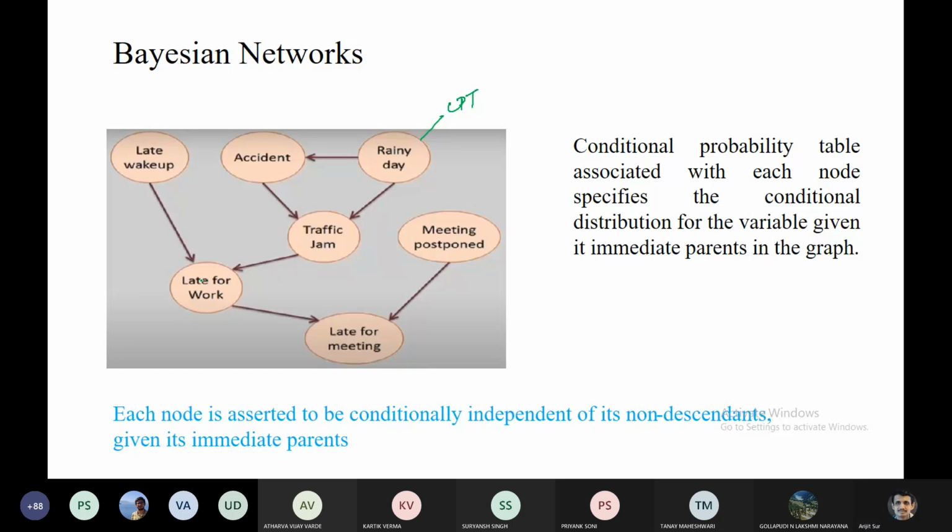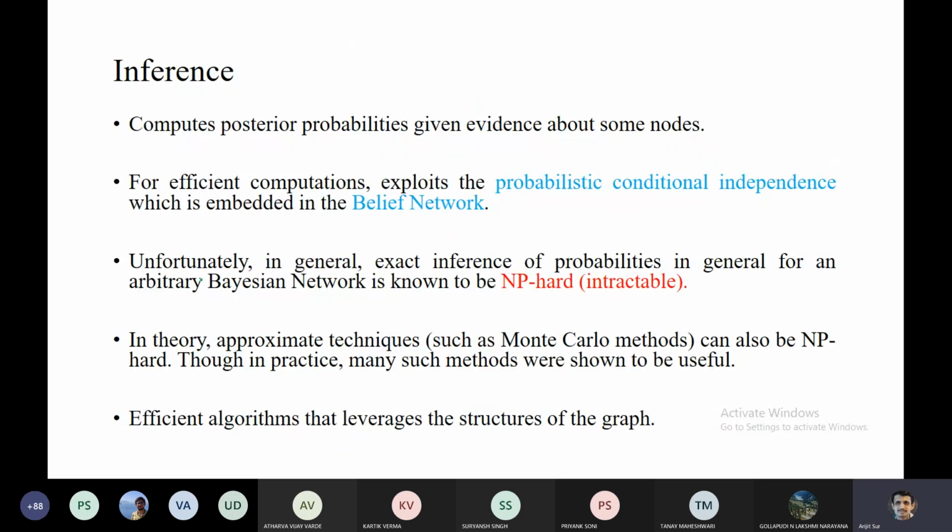Now, given this kind of Bayesian network, a directed acyclic graph or graphical model, how do you do inference?